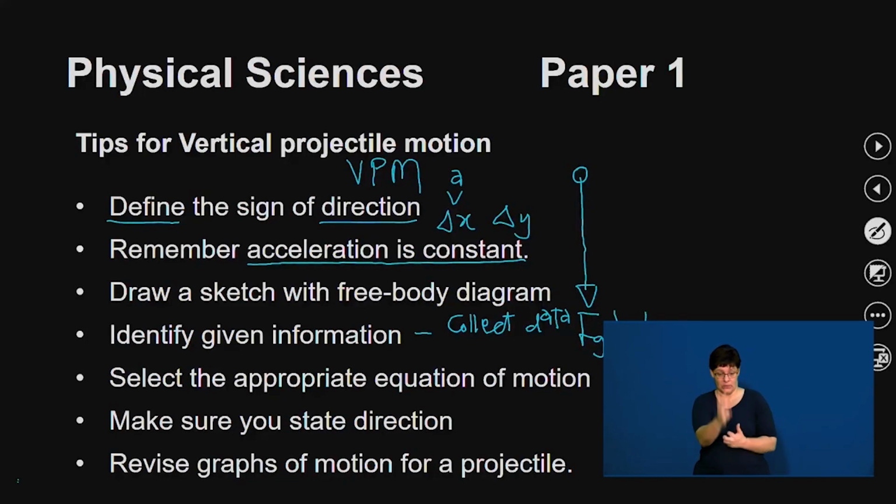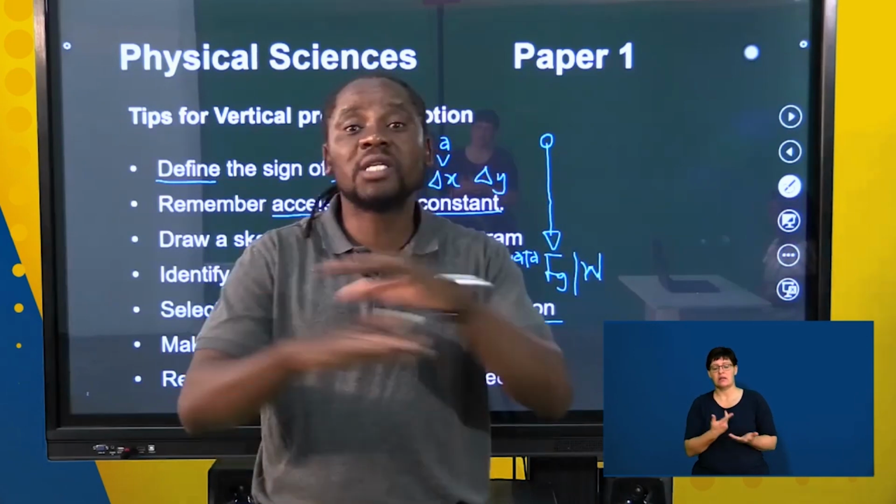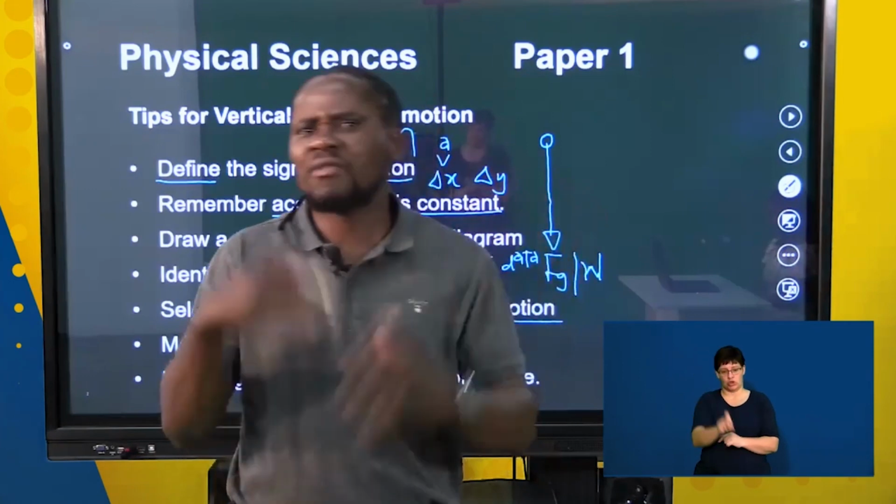Now, you also need to identify the correct equation of motion. This is also provided in the data sheet, all right? And then make sure that you understand and state or define the direction from the onset. Say, for argument's sake, if you say take upwards as positive, you're going to maintain that throughout the entire long question. So you don't change every now and again.